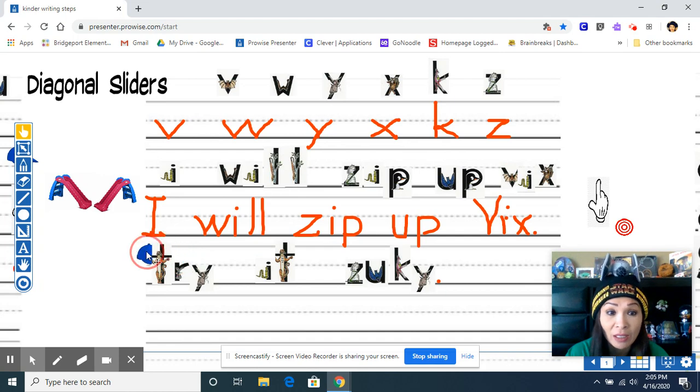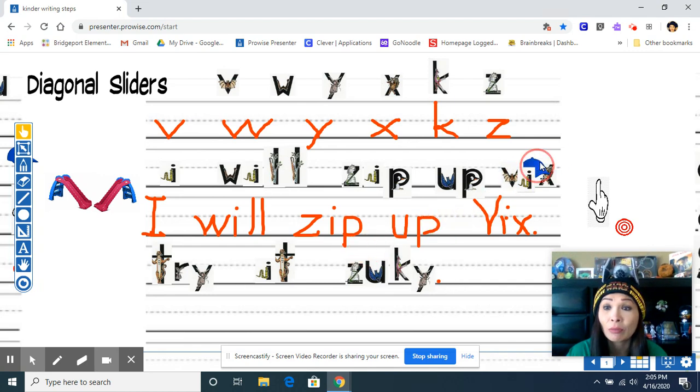If you said the beginning of a sentence, you are correct. Try it, Zuki. Zuki is a name, just like you have a name, so you want to put a capital on your name. So the sentence wants Zuki to try it. It says, try it, Zuki, period.